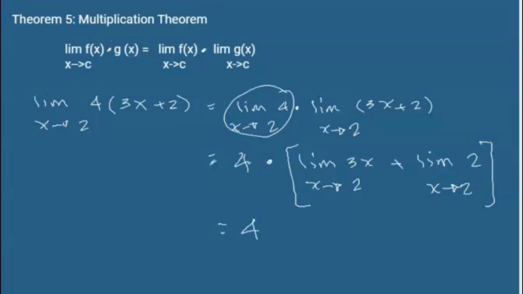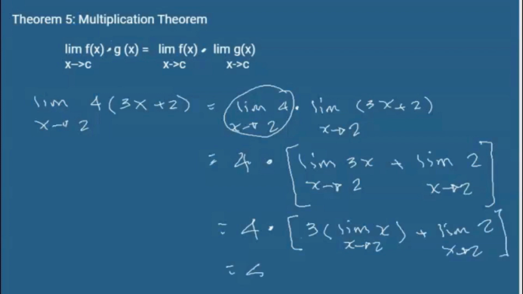So 4 times, for this one we apply the multiple theorem. So this will be 3 times the limit of x as x approaches 2 plus, okay, the limit of 2 as x approaches 2.